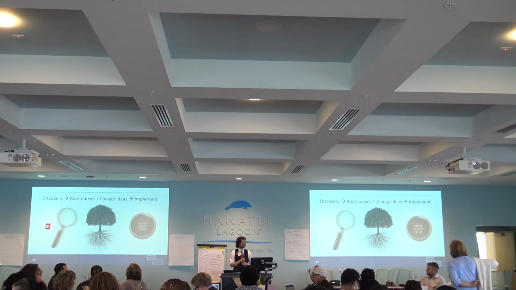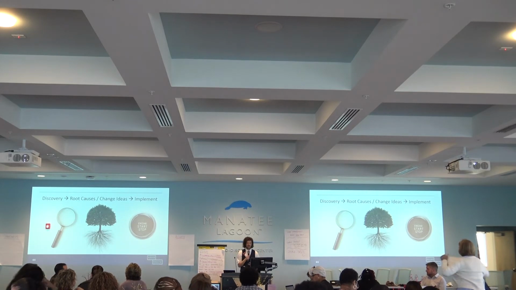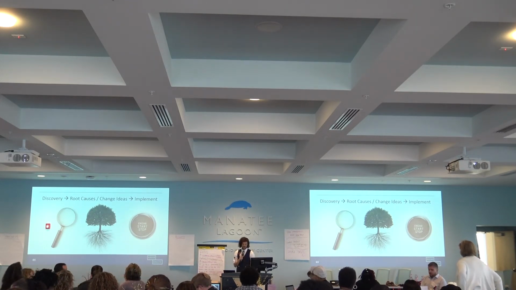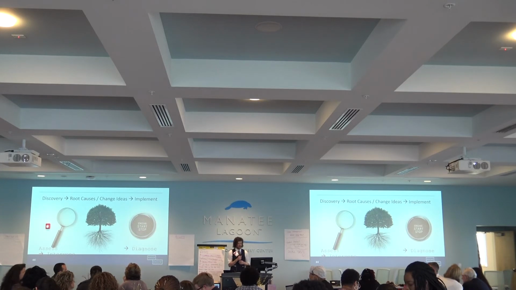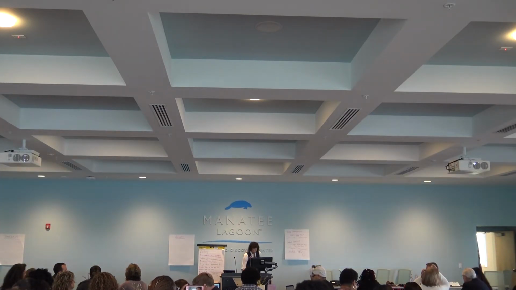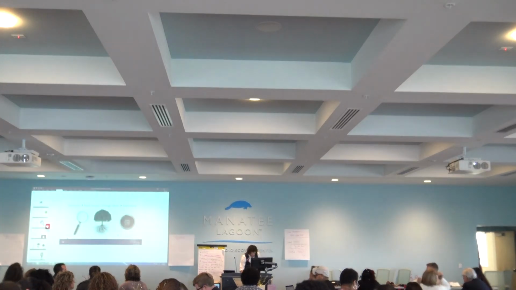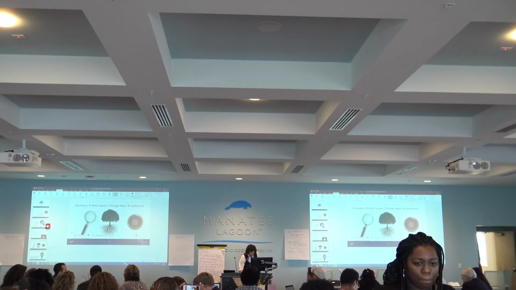As a review, this is the QI process that we've been discussing. Discovery, root causes and change ideas, then leading to implementation. It's very similar to what we heard earlier from John and some others.